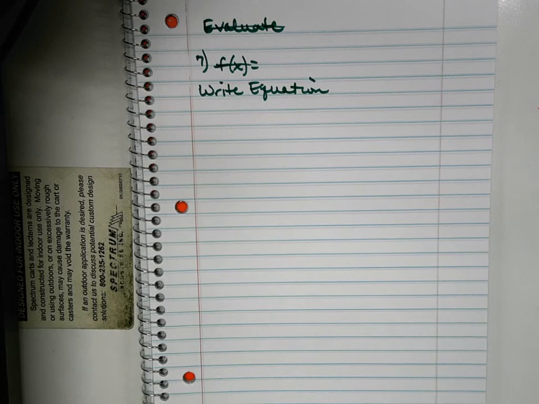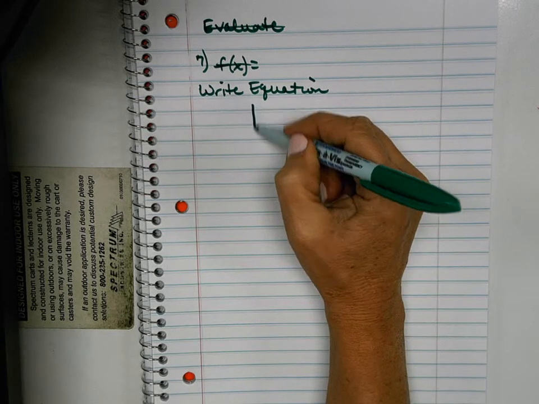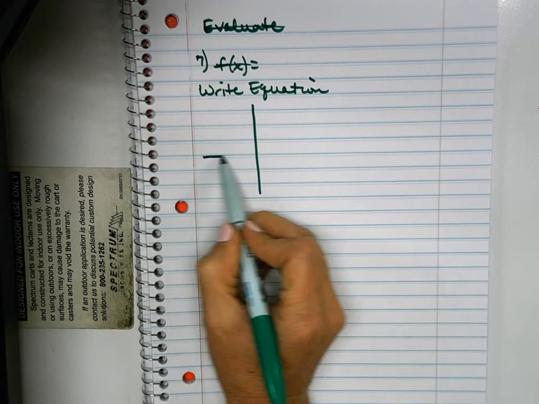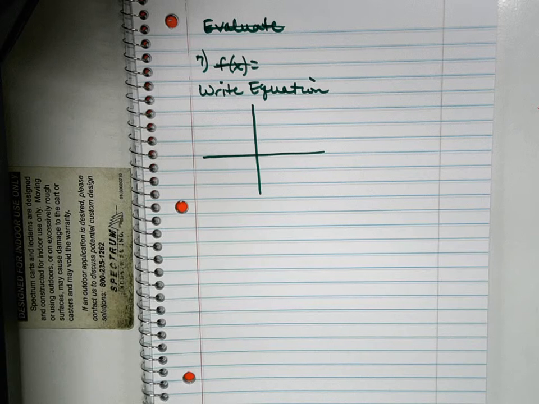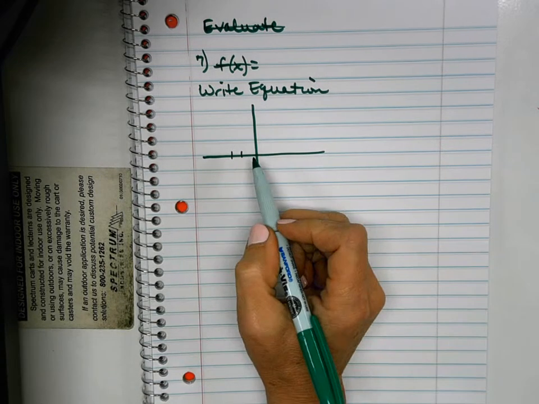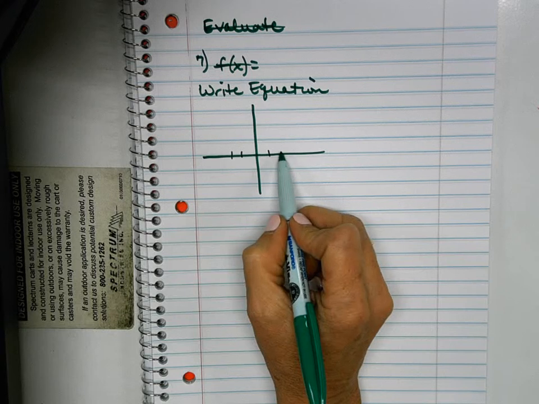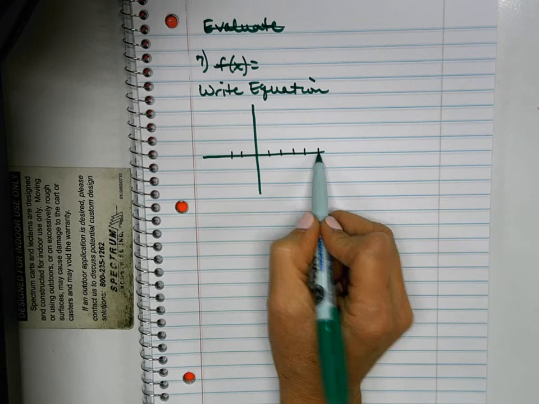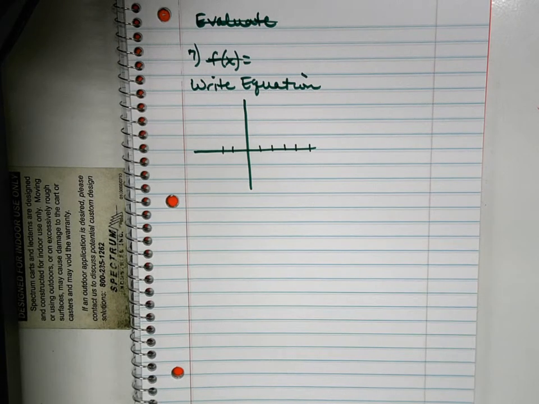Okay, so given this graph, write the equation and write the restriction. Set up an x and y axis, please. On your x-axis, go from -2 to 5. On the y-axis, count up 6.